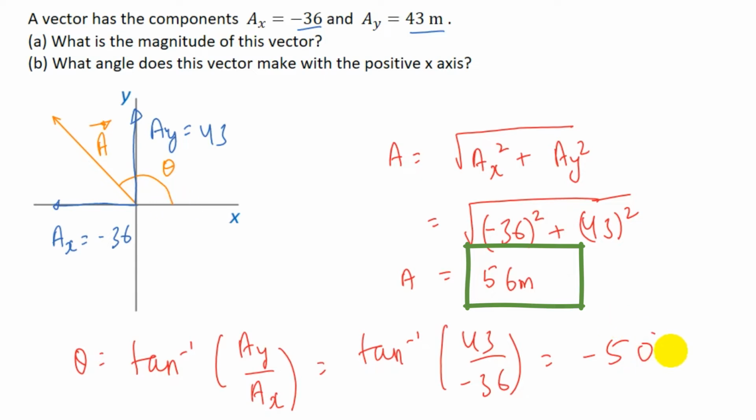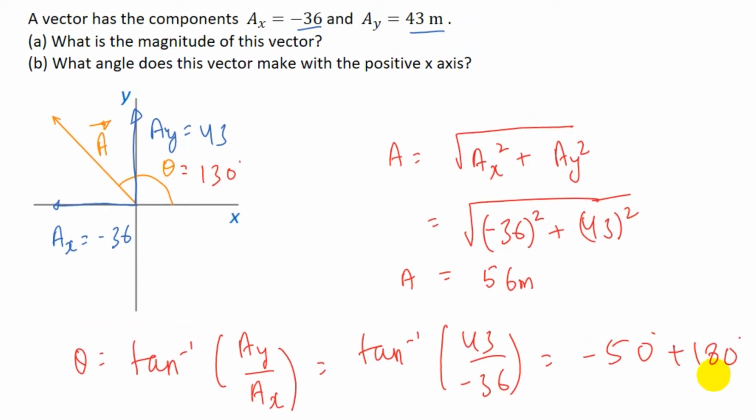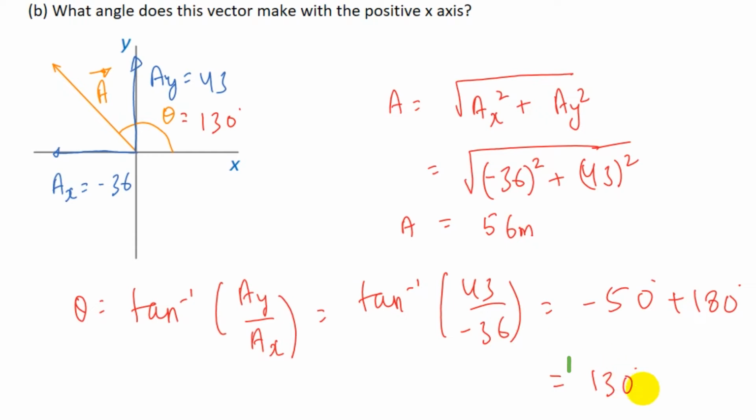So we need to add 180 degrees, because the cycle for tangent theta is 180 degrees. This value comes out to be 130 degrees. So the actual theta is 130 degrees. You need to add this 180 according to the situation. So this would be the answer for this question.